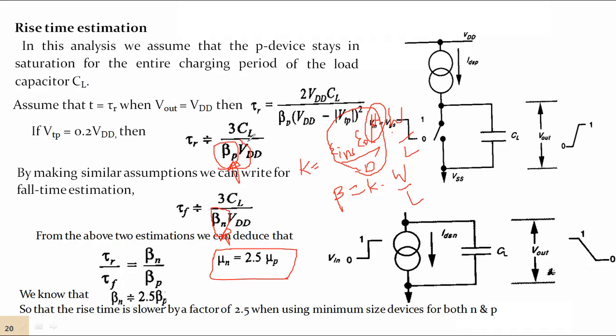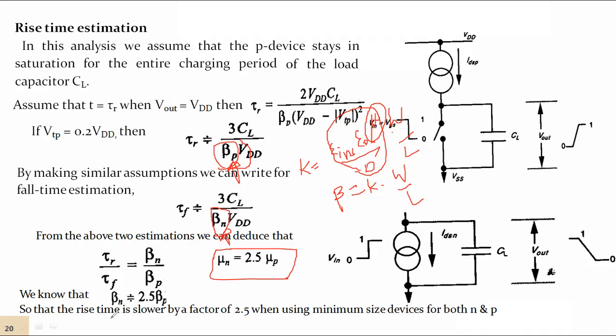If you equate these two equations, tau r by tau f equals beta N by beta P. Beta n equals 2.5 times beta p. This beta n is faster than beta p because of the mobility of charge carriers.